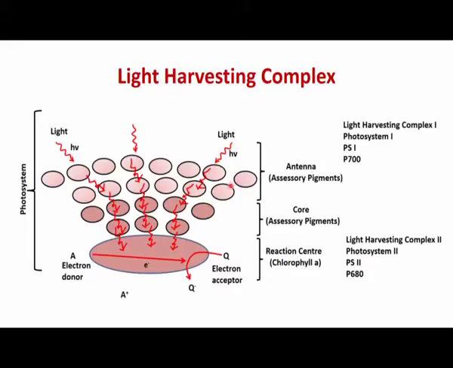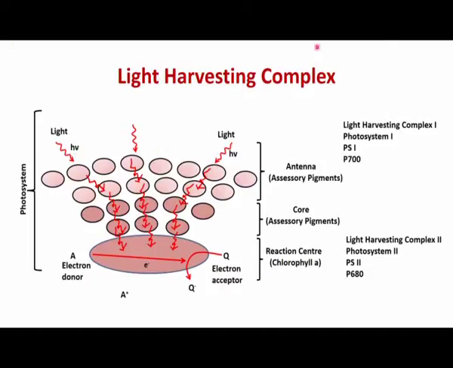And because the light energy is being used to do photophosphorylation, photosystem 1 participates in cyclic photophosphorylation, where it does not require the assistance of photosystem 2, which is not the case for photosystem 2.